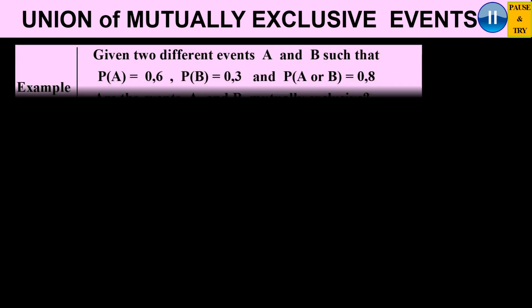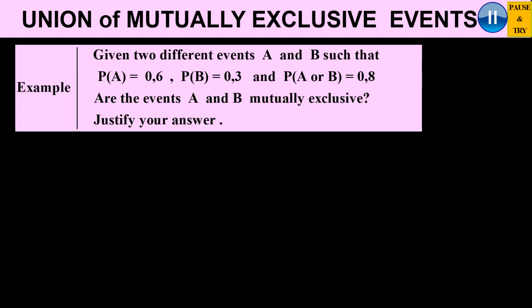Now let's look at another example where we're going to apply the concepts of mutually exclusive events. Here we have two events A and B, and it's given that the probability of A is 0,6, the probability of the second event is 0,3, and the probability of A or B is 0,8. Are the events mutually exclusive?